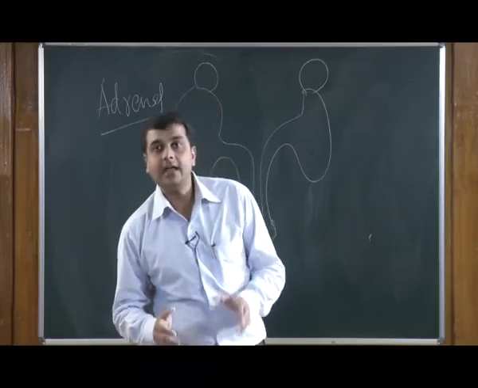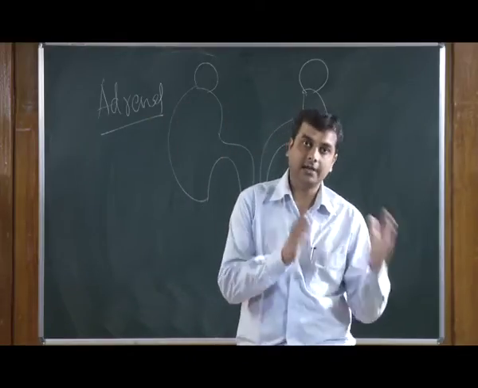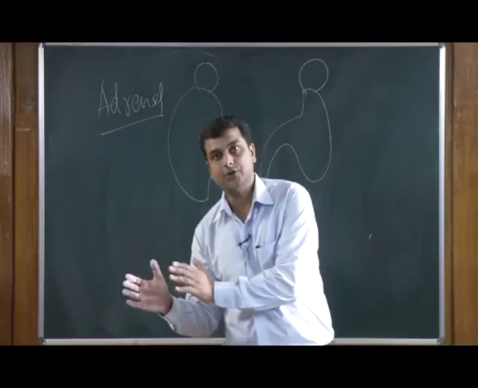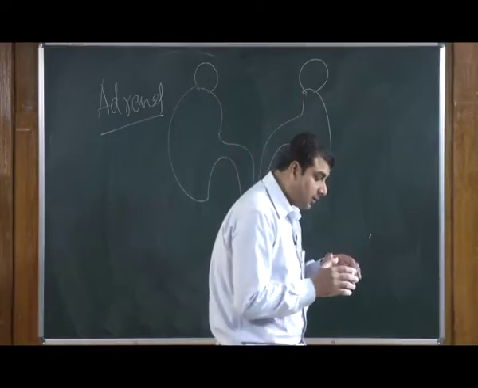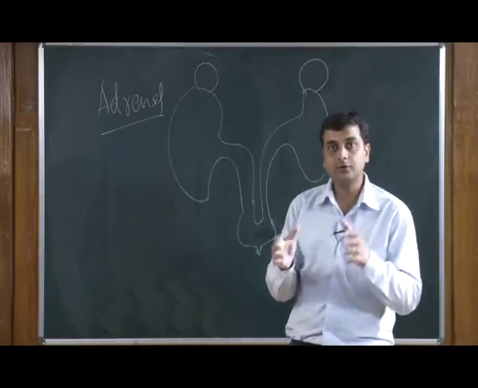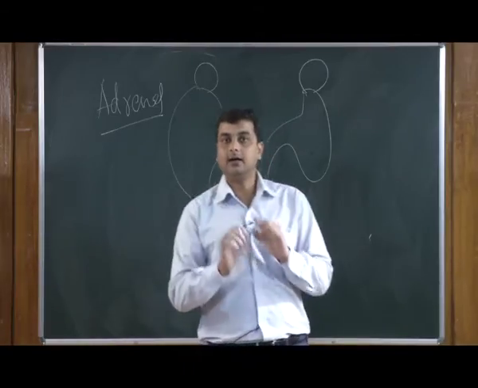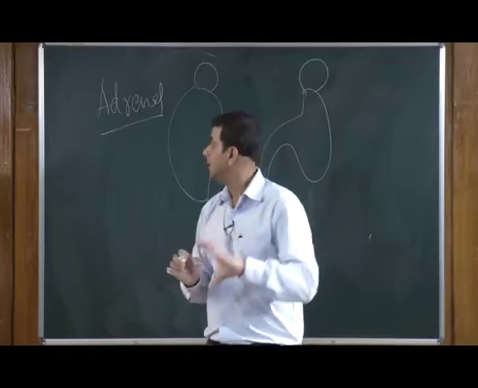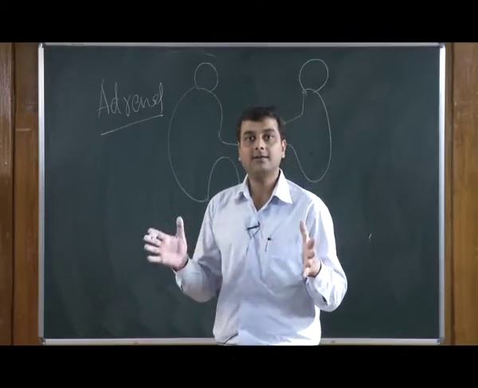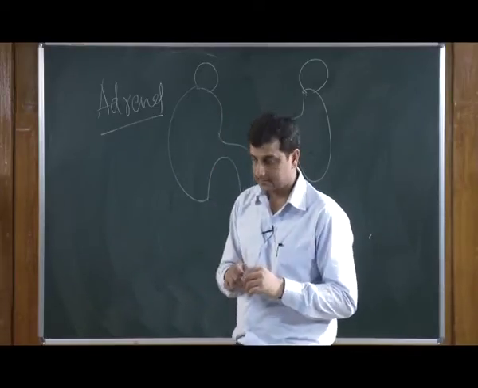In the body we have two types of glands, one called endocrine and the other exocrine. I am not going to discuss this in detail, but exocrine glands have ducts directly secreting their secretion, while endocrine glands do not secrete through a ductal system.